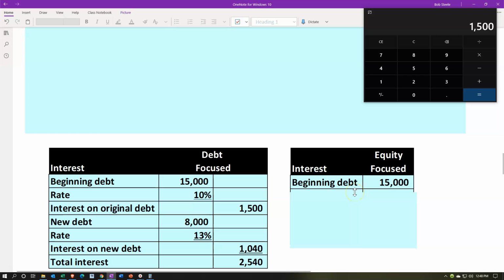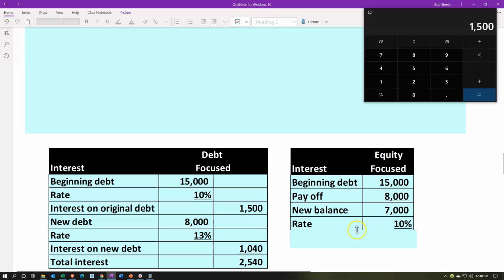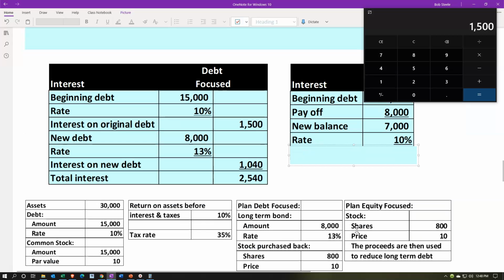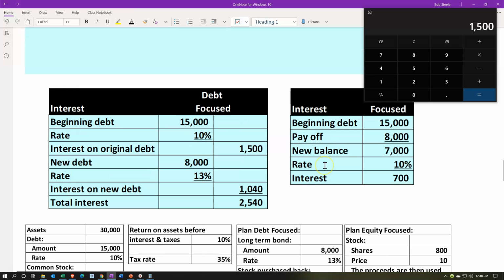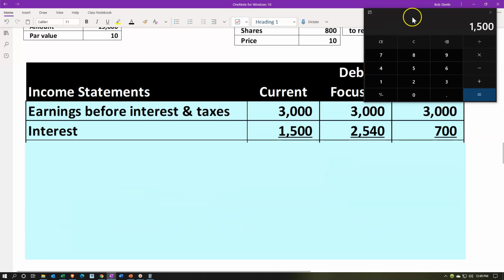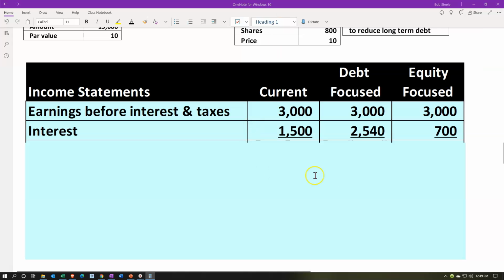The beginning debt was $15,000 minus the $8,000 that we're going to pay down with the money we got from issuing the stock. That brings our new balance down to $7,000 times the interest rate we originally started with, the 10% on the original debt, which means we now have only $700 of interest, which is nice because we can handle that. That's something we can do. So now we have the $700 of interest.